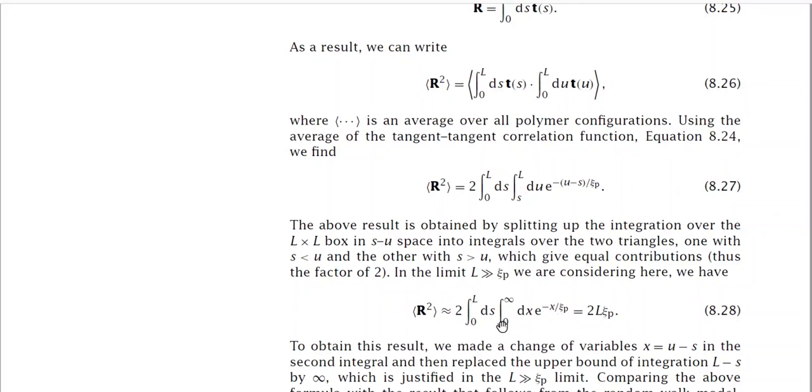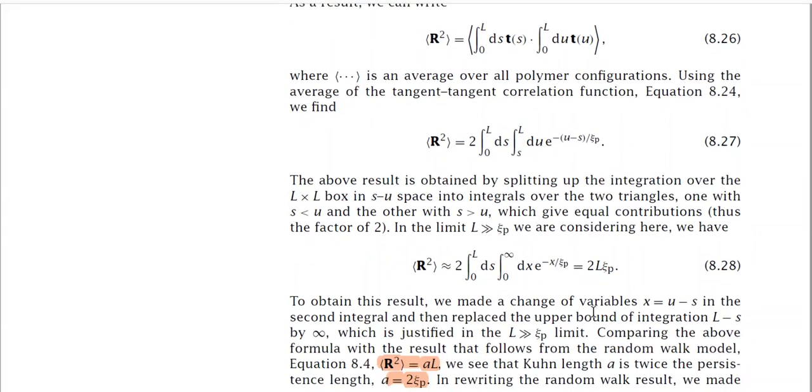Here we have made a change of variable, x is equal to u minus s. Then we have evaluated this integral, and it results in the value 2L epsilon p.